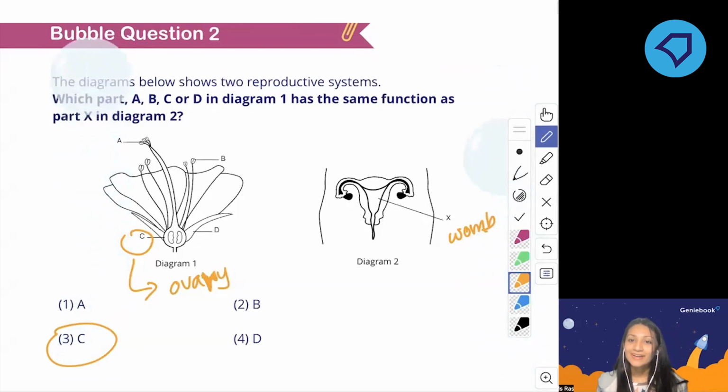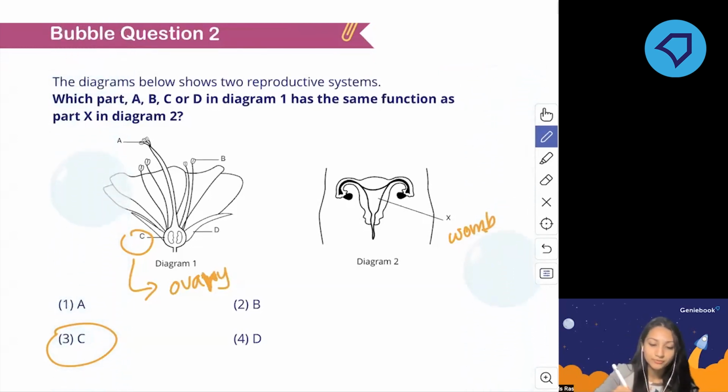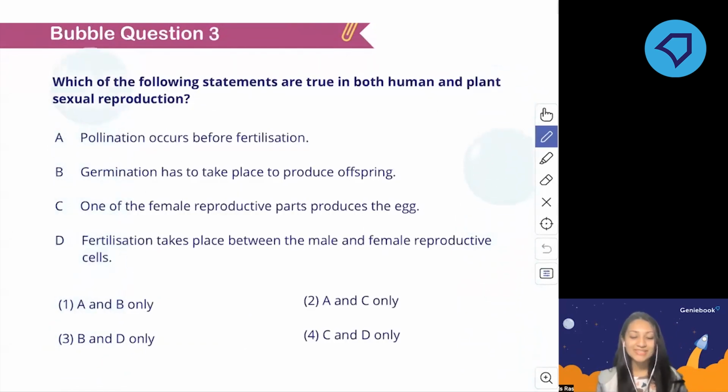Let me move on to the next part. Question 3. Which of the following statements are true in both human and plant sexual reproduction? This one you must read very carefully. A says that pollination occurs before fertilization. B states that germination has to take place to produce offspring.